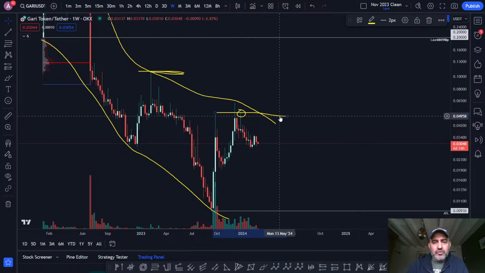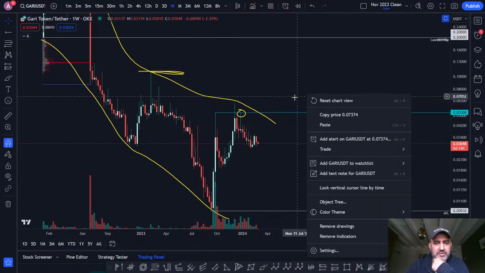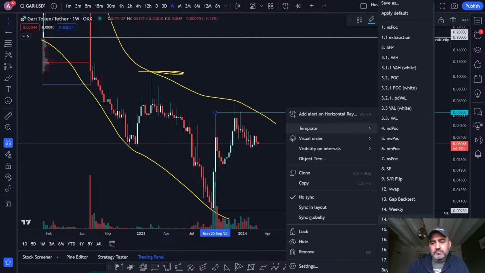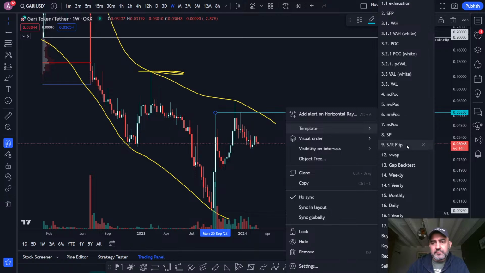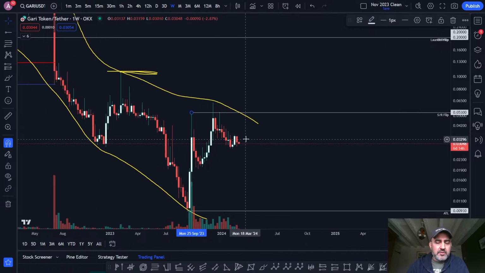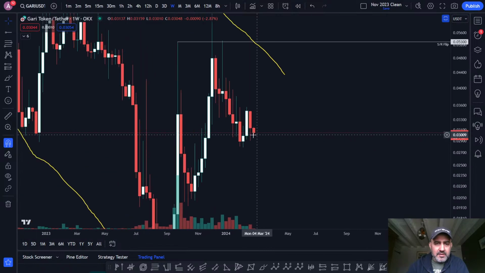So you have a very strong resistance line at this previous high because we've had a back test. There's your SR flip on that high. So very bearish.